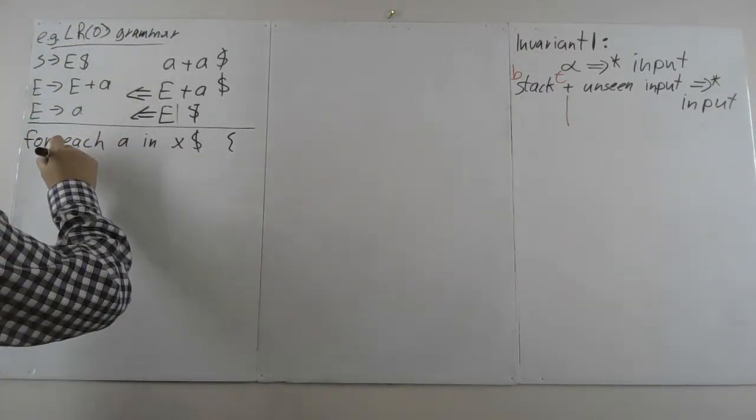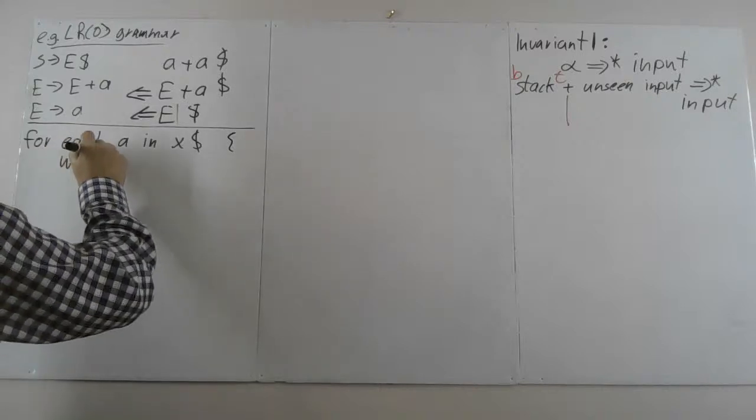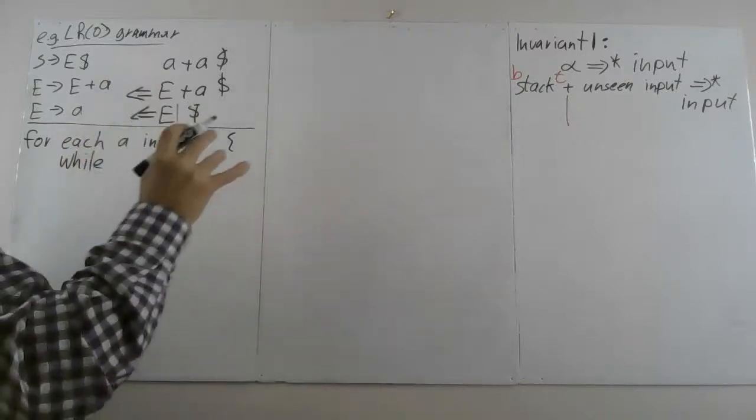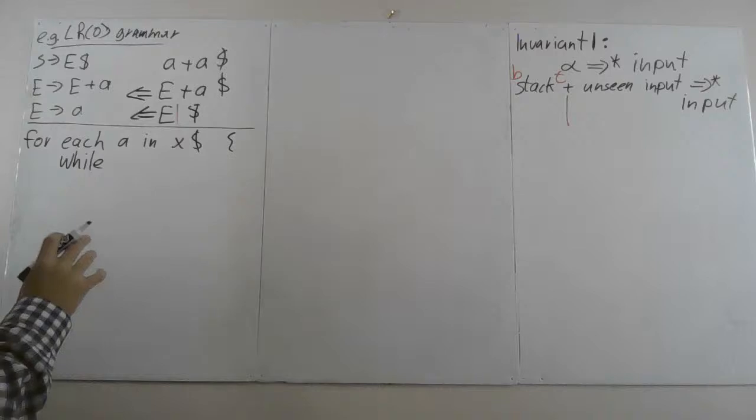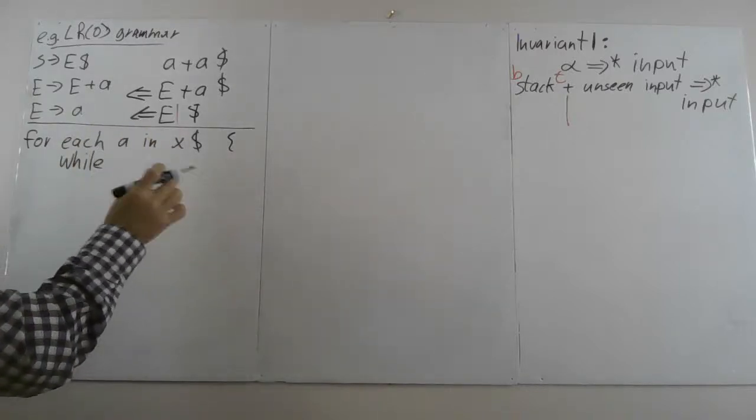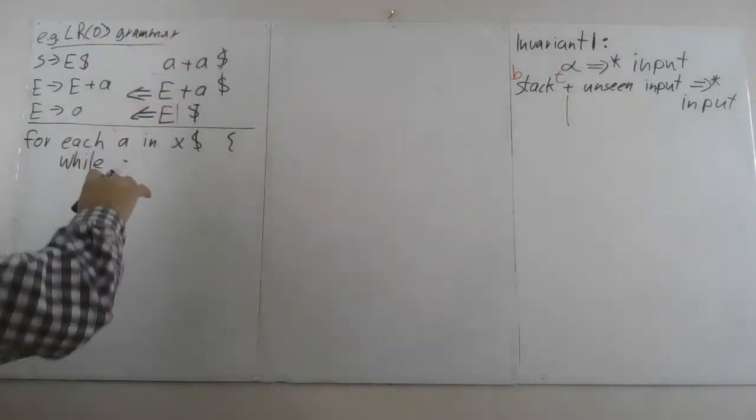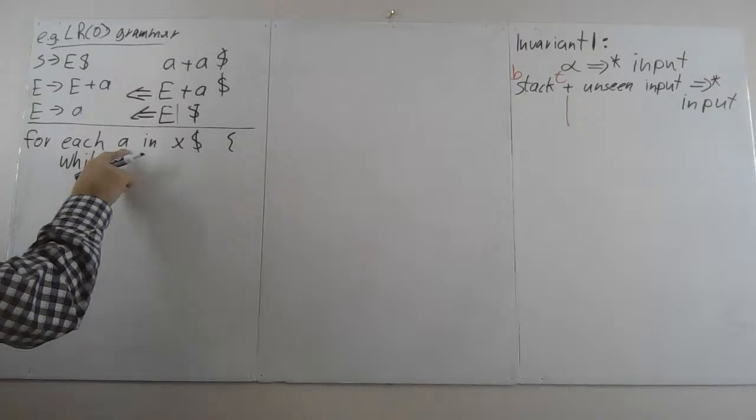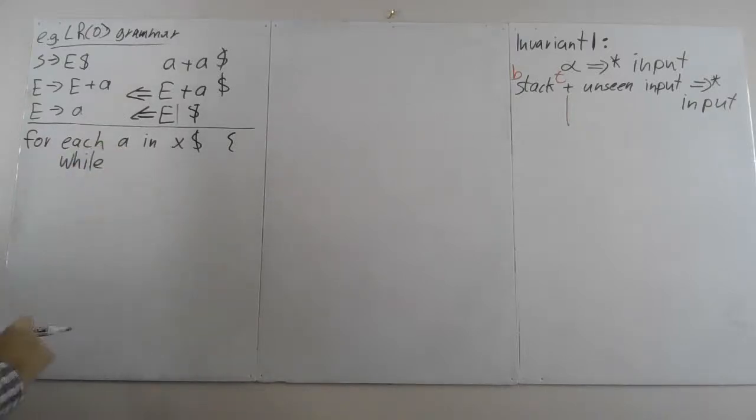So I'm going to first do a while loop that is going to do a bunch of reductions. And then once I'm done doing reductions, I can do a shift, and I'm going to shift this particular A from the input onto the stack.